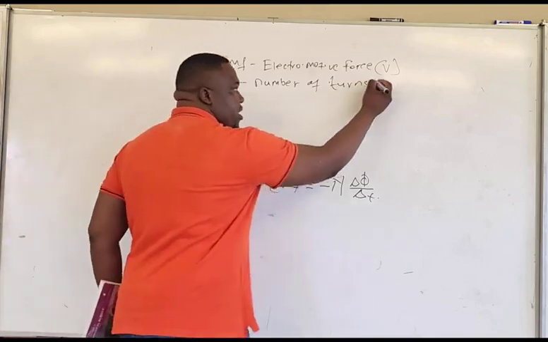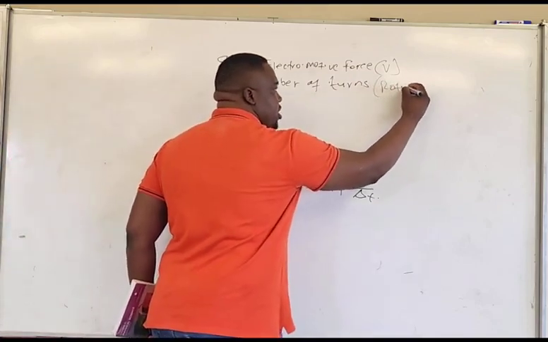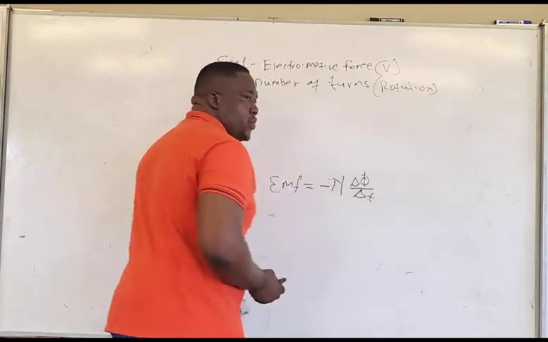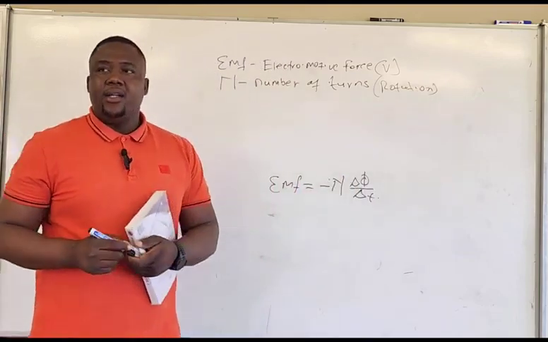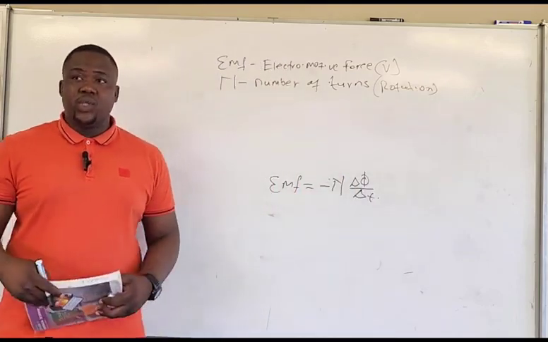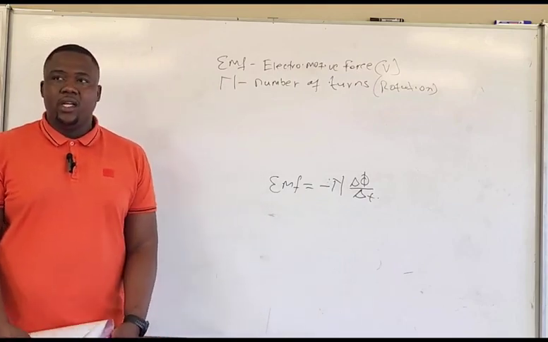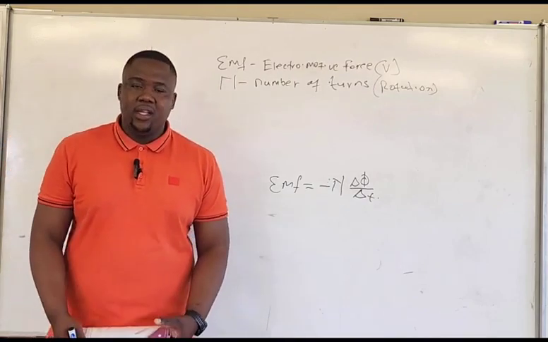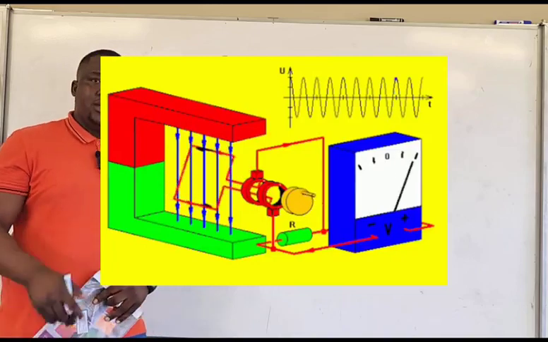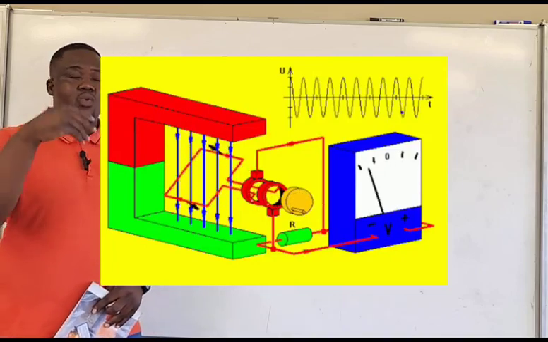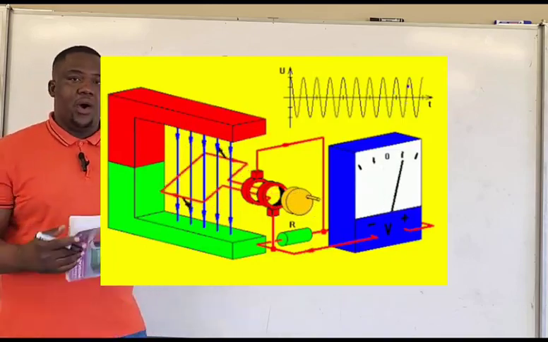These turns, we can even call them rotations. Number of turns, number of rotations. Remember, here we are producing electricity from a coil that is rotating. Watch the screen. That rotation, that's what we mean by the number of turns.